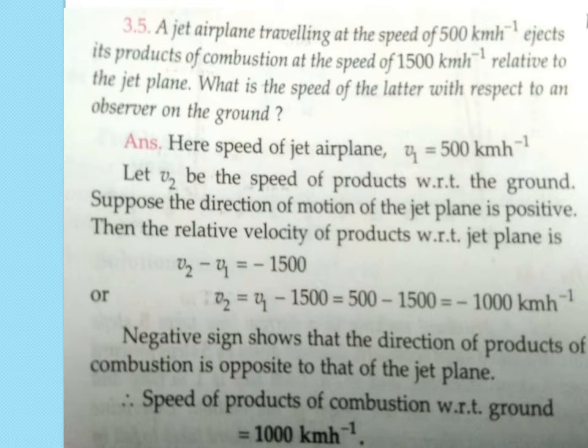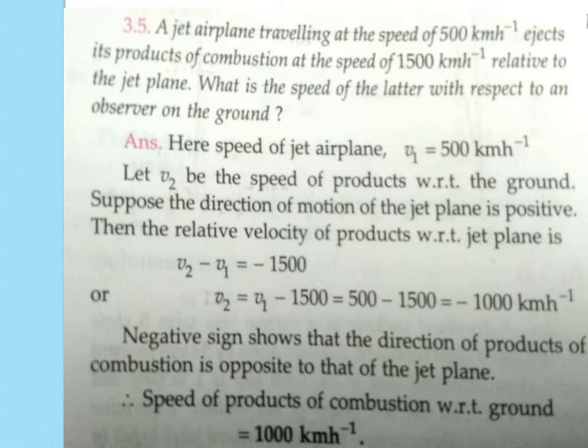So, jet plane is having velocity v1 and the relative velocity is 1500. So, we take the minus sign because the exhaust gases have their velocity in the downward direction. So, the formula for relative velocity is v2 minus v1, and that is equal to the relative velocity of the exhaust gases.